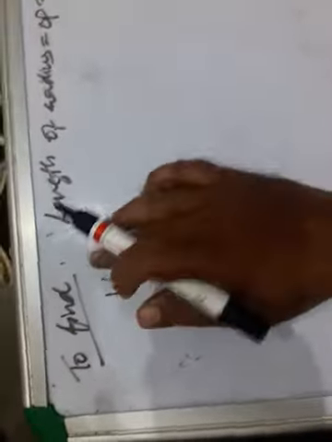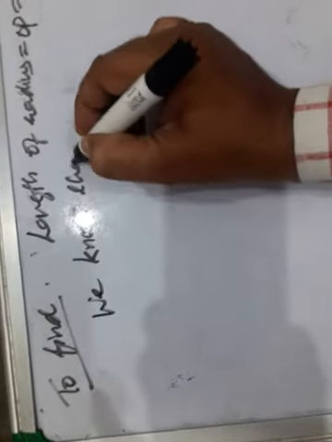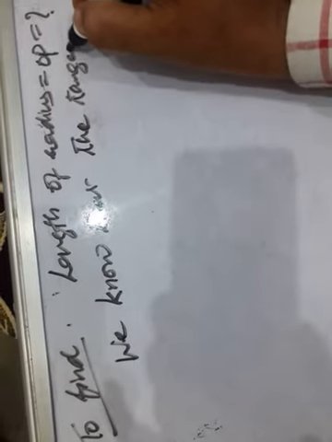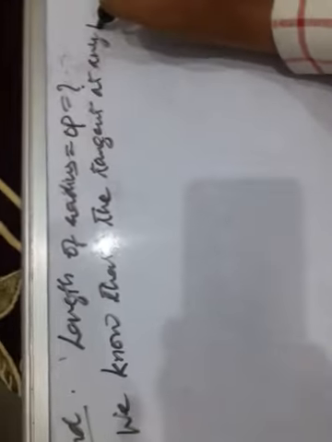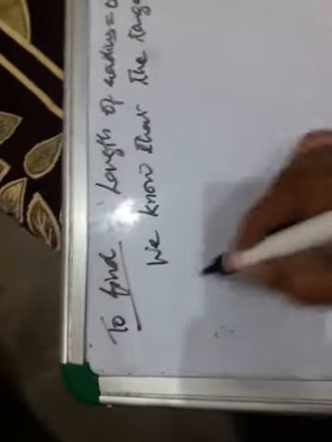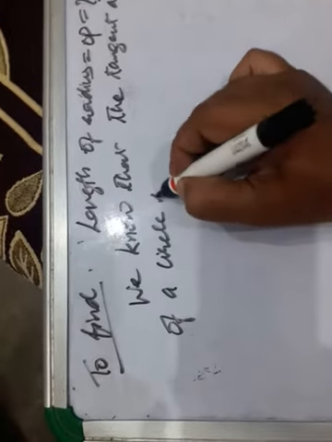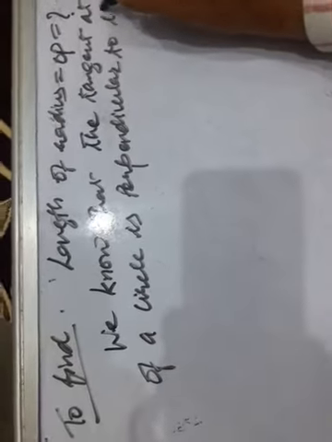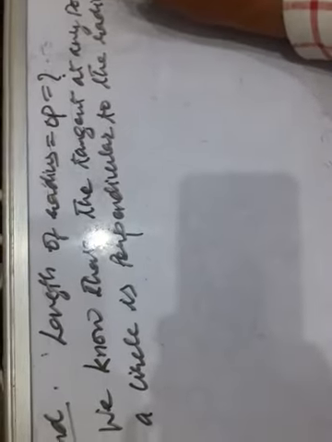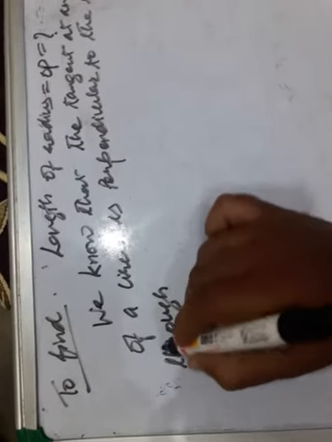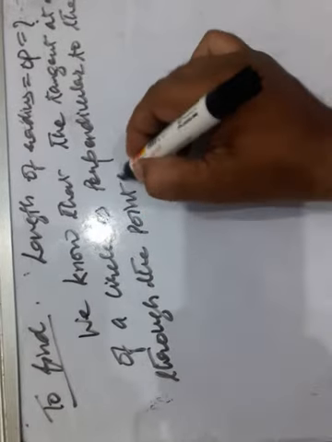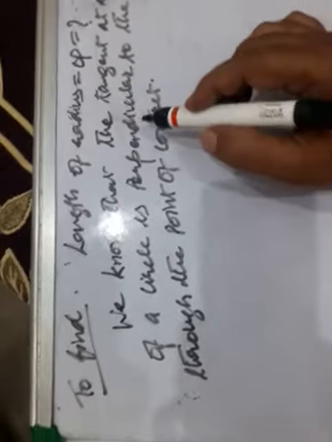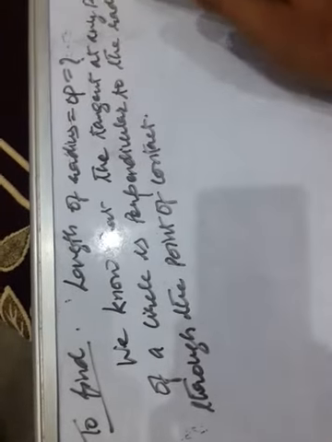We know that the tangent at any point of a circle is perpendicular to the radius through the point of contact.